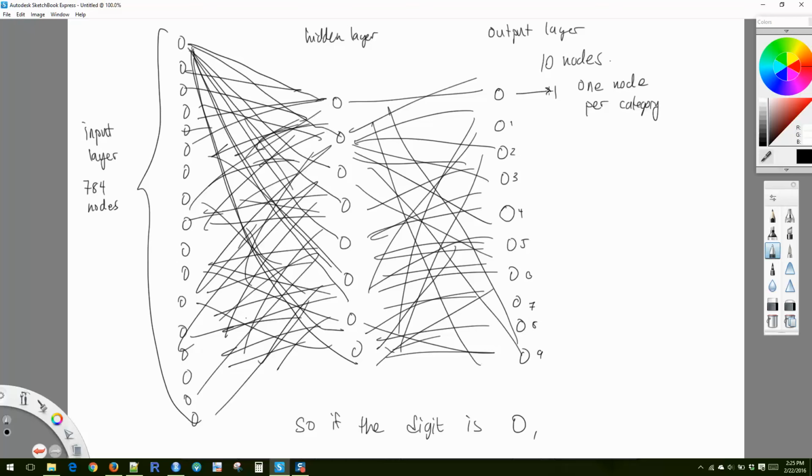So the 0 node will be a 1, and everything else will be a 0. Our output with 10 digits will be 1, 0, 0, 0, 0, 0, 0, 0, 0, 0.